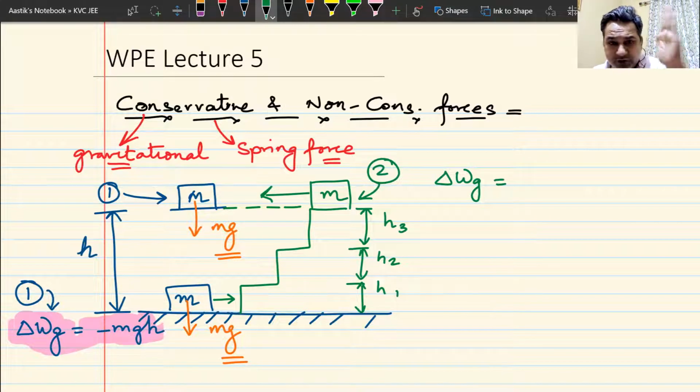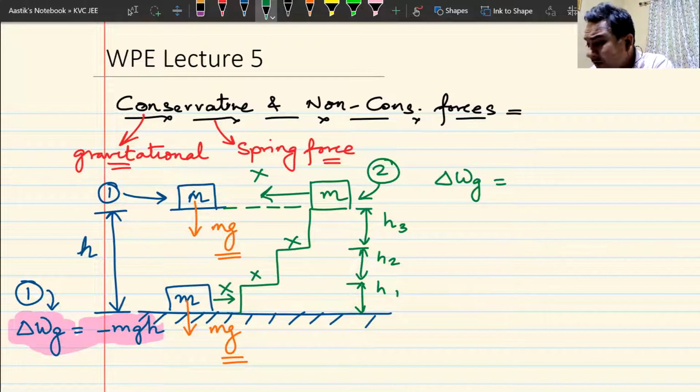While I'm moving it horizontally, there will not be any work in the horizontal movement. Whether I'm moving it towards right or towards left, there will not be any work.